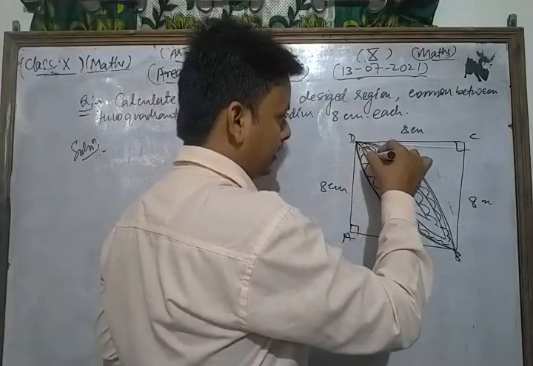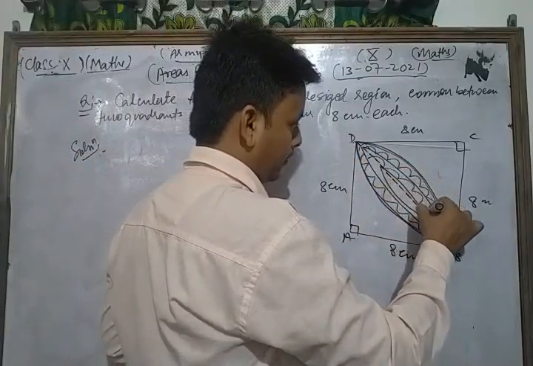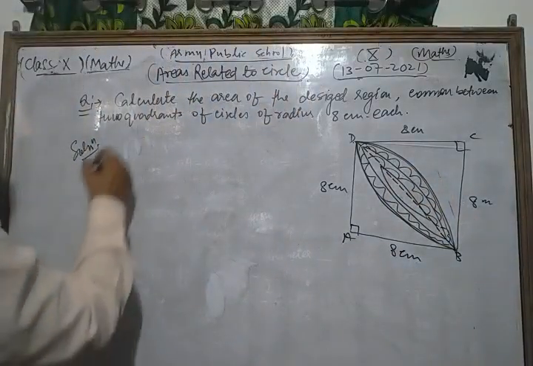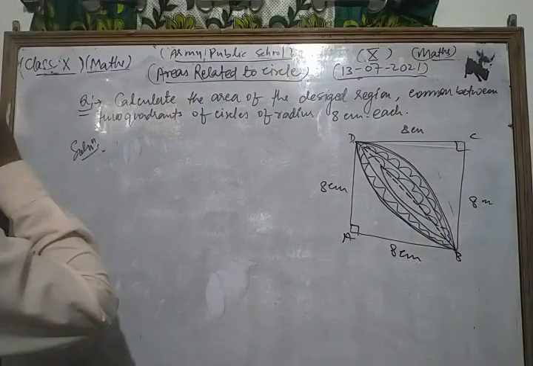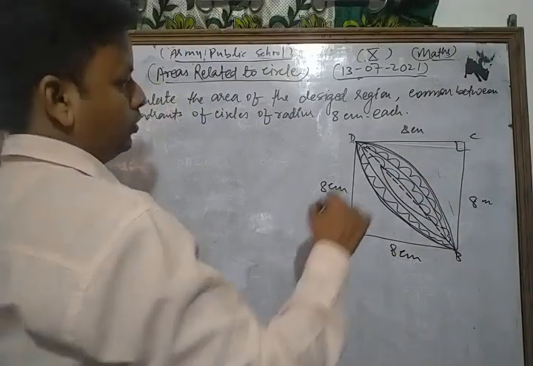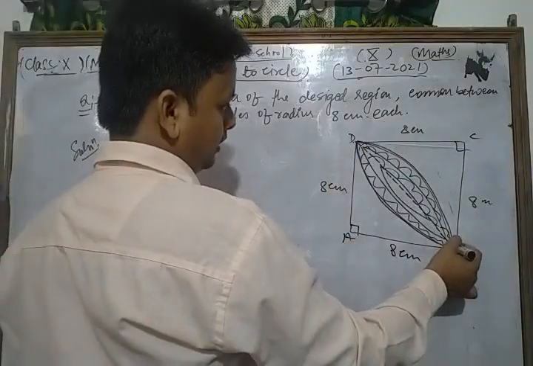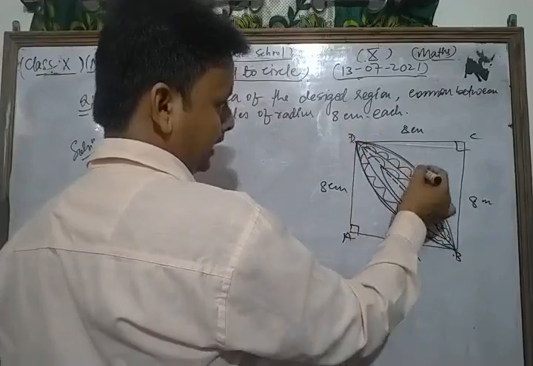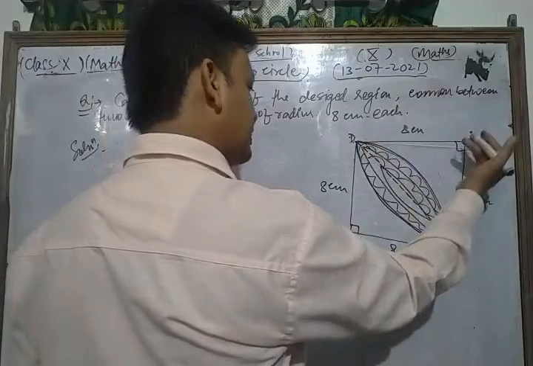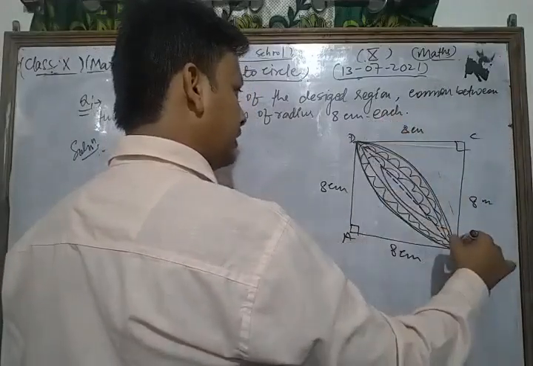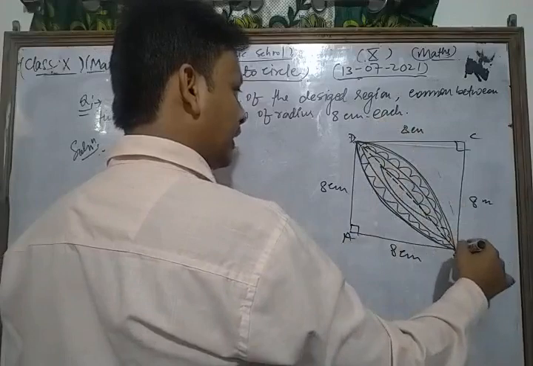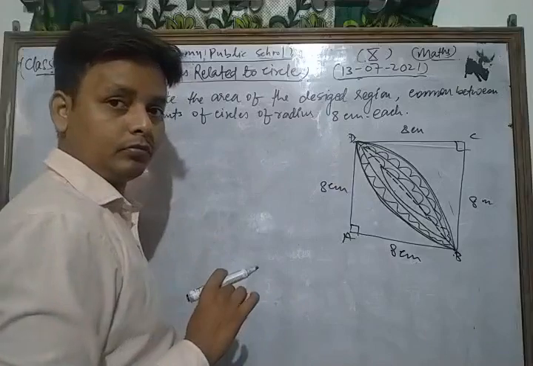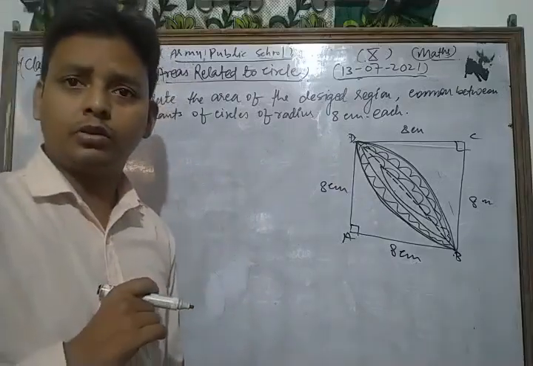If we join BD as a diagonal, then area of quadrant minus area of triangle ABD, so we get that half design. Similarly on that side, area of quadrant BCD minus area of triangle, so we also find the half design of that side.